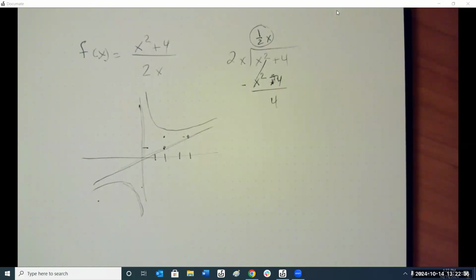So the next section we're going to cover is not rational functions. We're going to look at applied optimization. These are all going to be word problems, but we're going to see how they apply to the real world. And then we'll finish up the chapter on Newton's method, which is an iterative process.